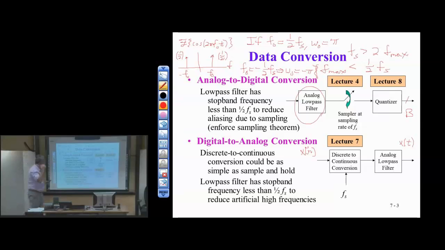Again, I'll put a hat over the X here to say it's an approximation of what we might have started with on the other side. So if I start with x(t) here, prior to running through A to D conversion, what will come out is x[n]. If I want to then try to go back to continuous time analog domain.